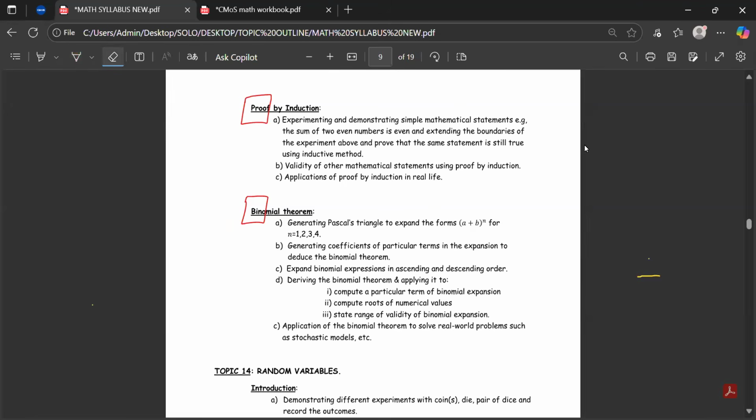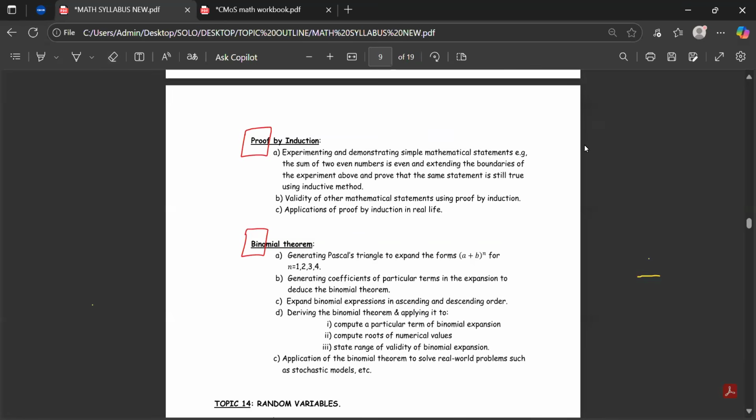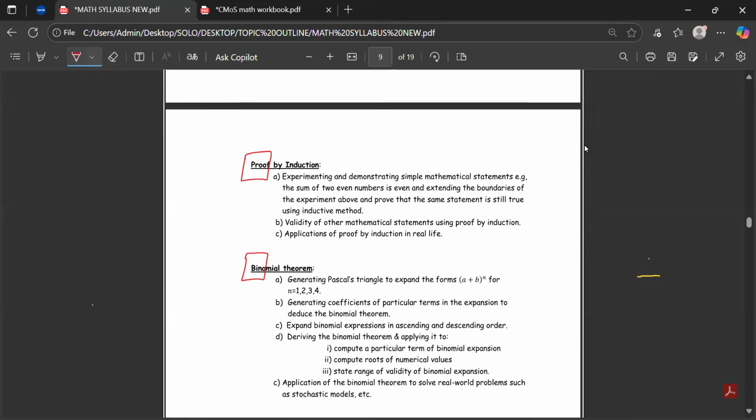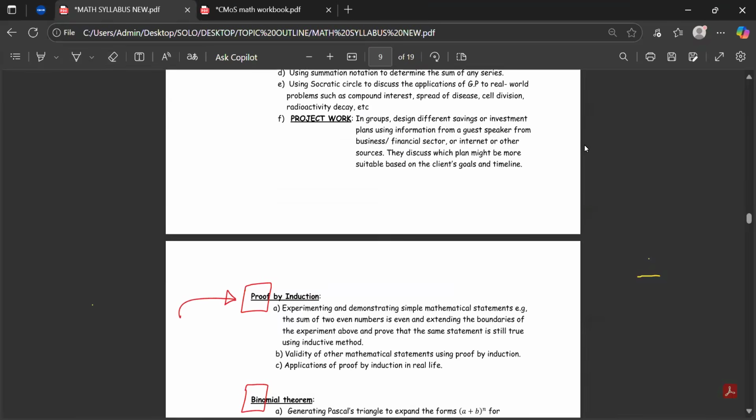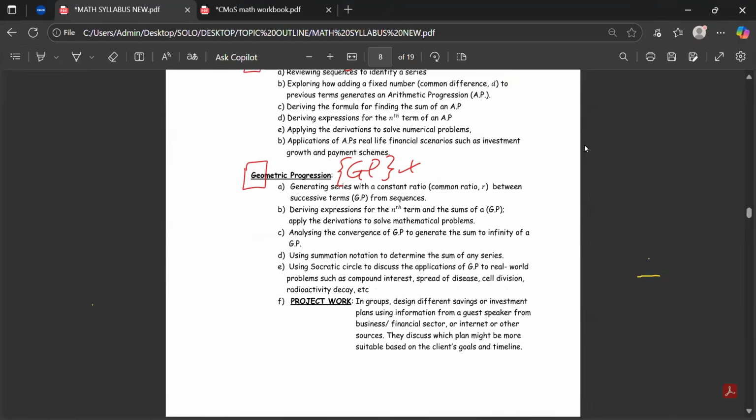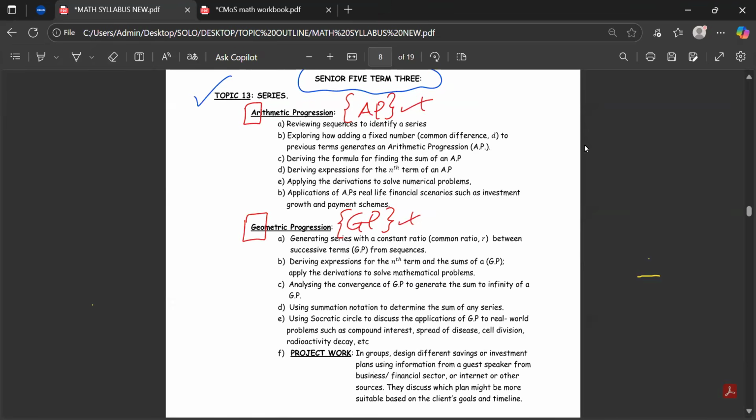But basically for today, proof by induction, it will depend, but we may do it next holiday or during Term 3 so that people find it ready when they come back. So basically today I want us to leave this session with clear concepts on arithmetic progressions and geometric progressions.